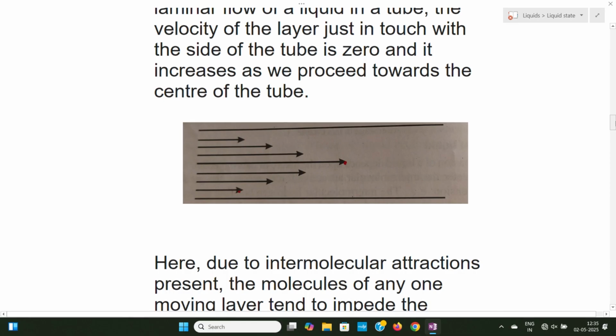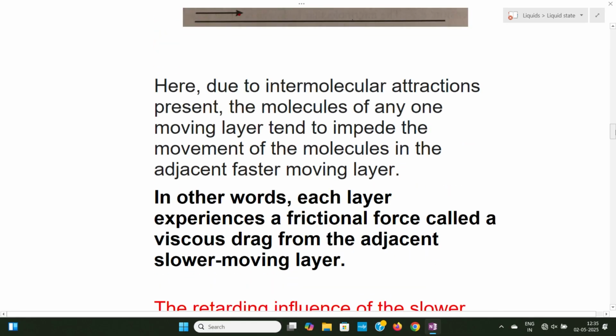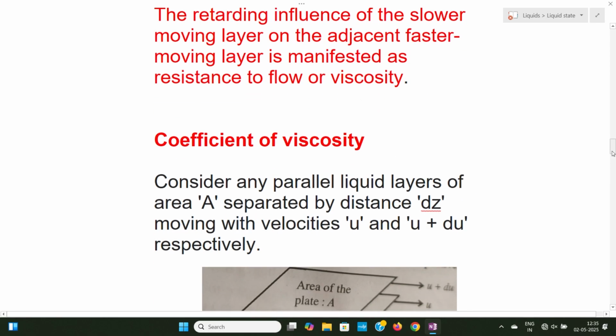Because of the intermolecular attractions present, the molecules of any one moving layer tend to impede the movement of the molecules in the adjacent faster moving layer.